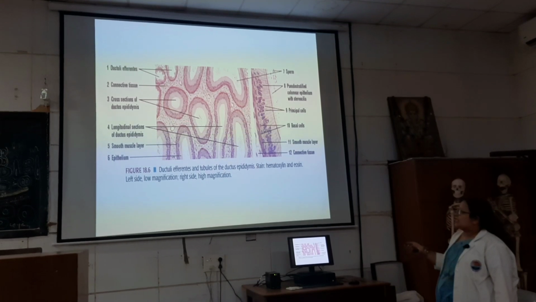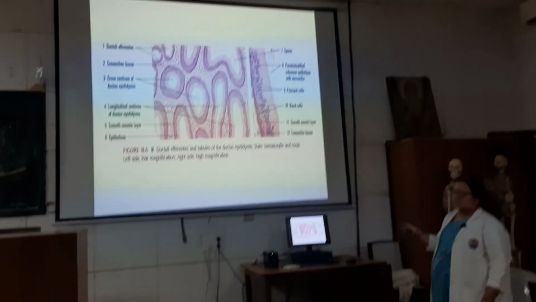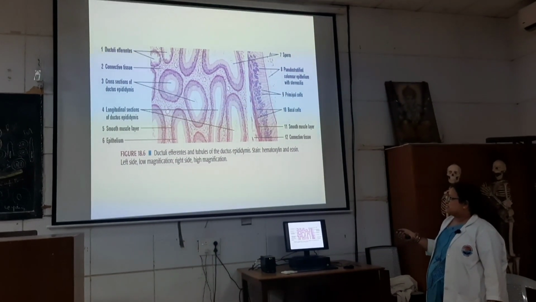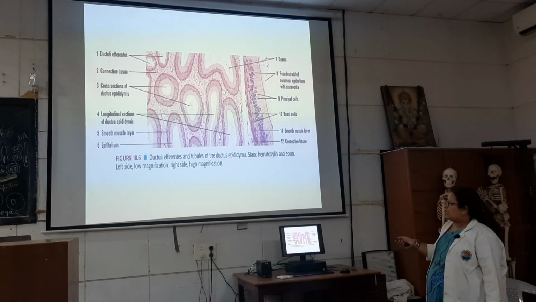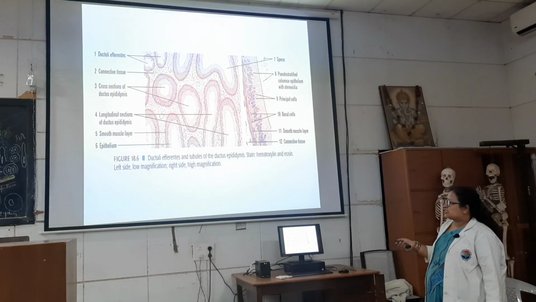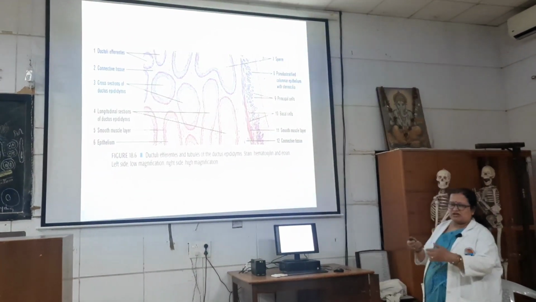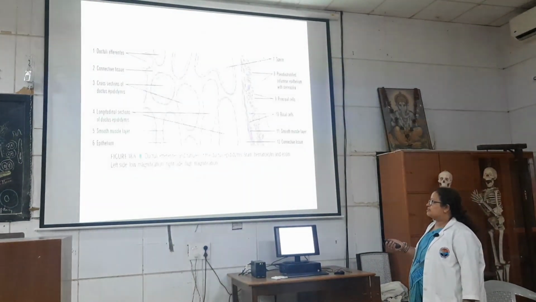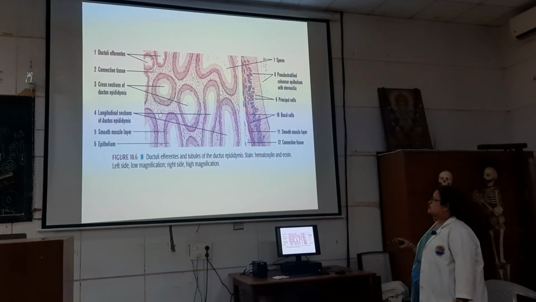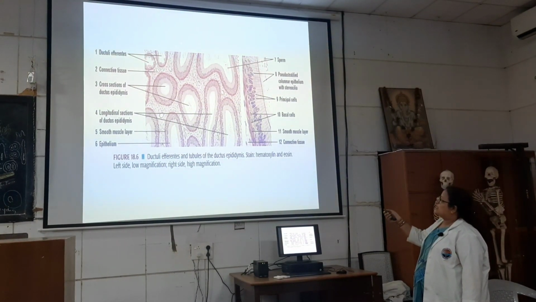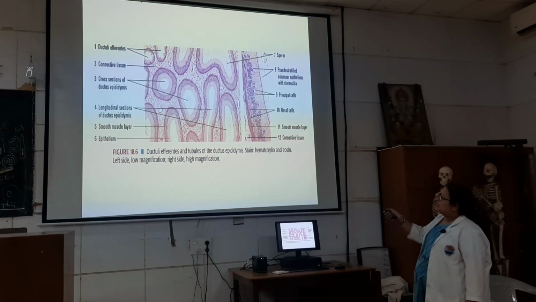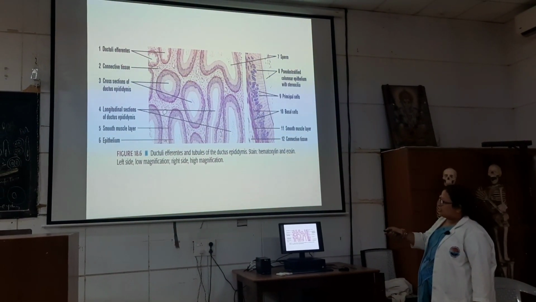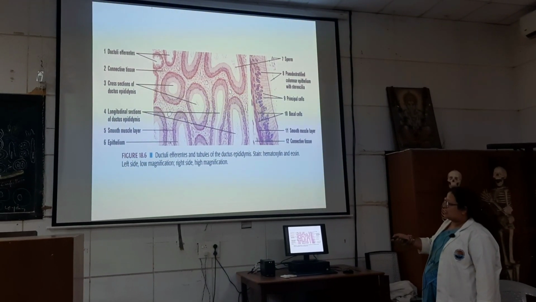In the intervening area you find loose connective tissue and collagen fibers, that is, fibromuscular tissue, lined by smooth muscles. The contraction of this smooth muscle layer helps in the propulsion of sperms. And here is a small section of efferent ductules, which are 12 to 20 in number.